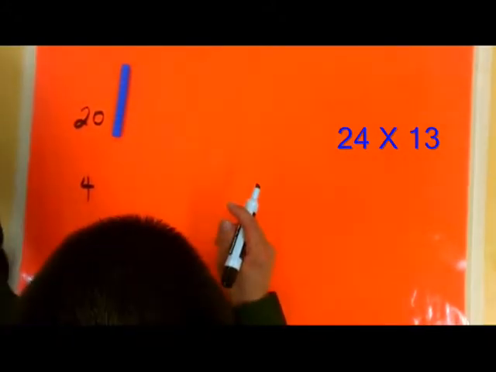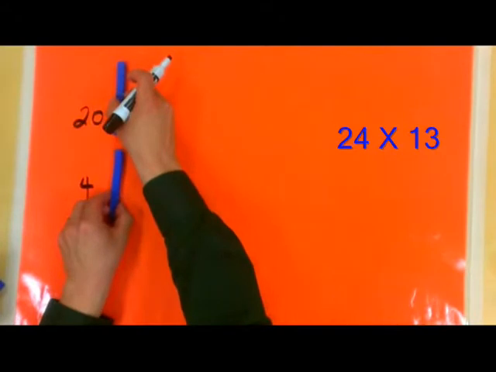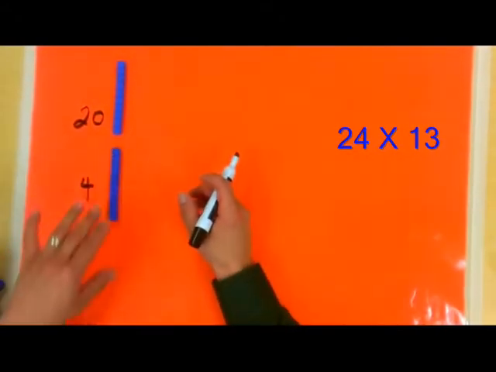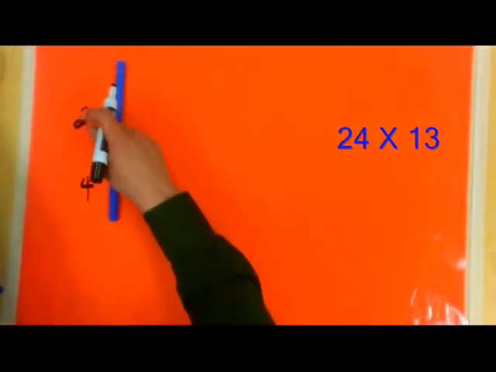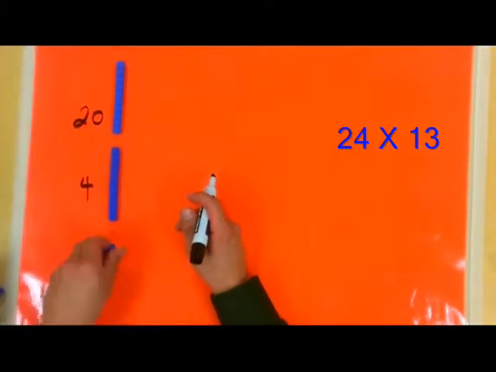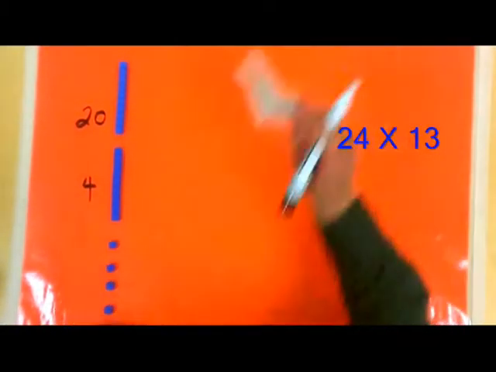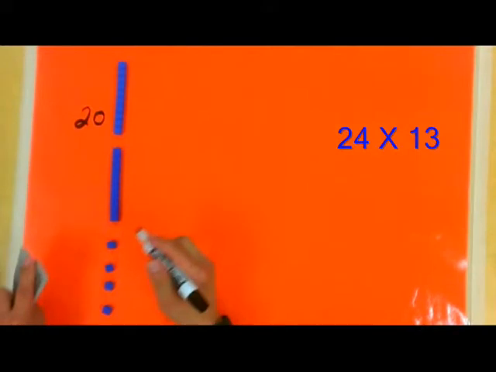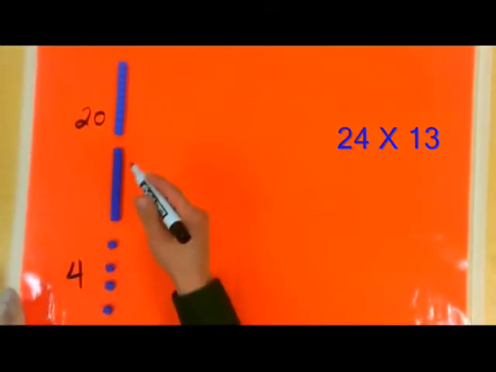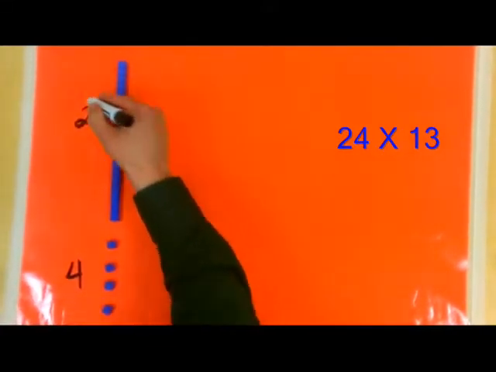20 would be 2 10 longs. 2 10 longs would make the 20, and I would add 4 units to make the 4. And I would normally write the 4 down here closer to my units, and the 20 there.